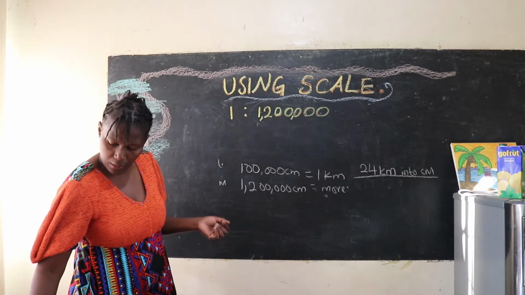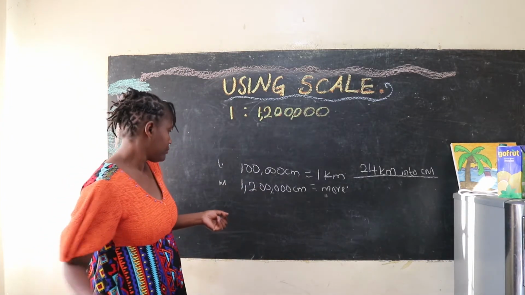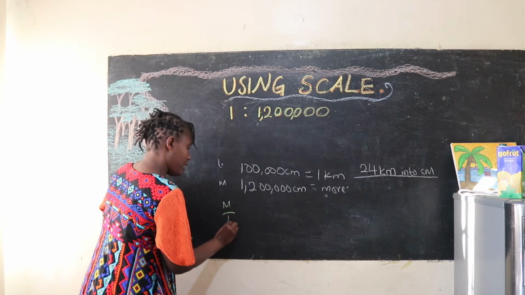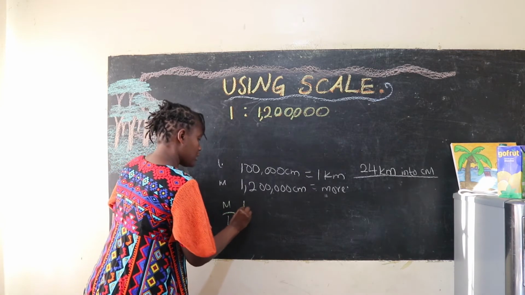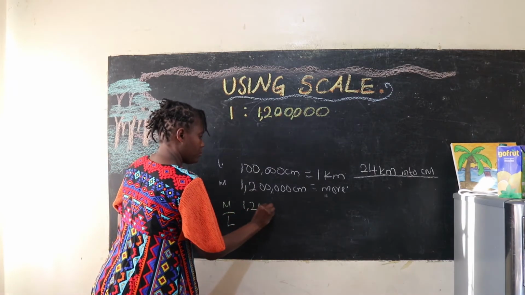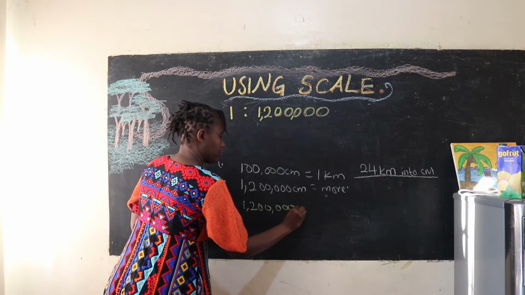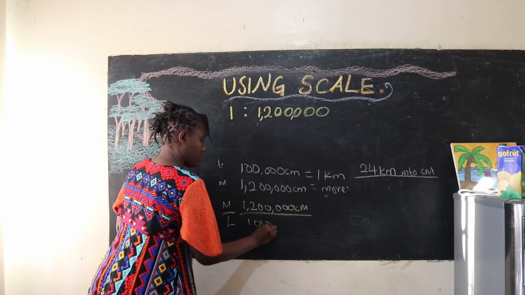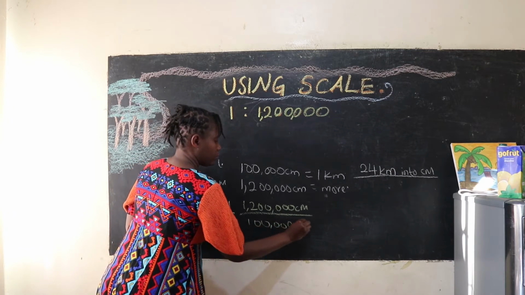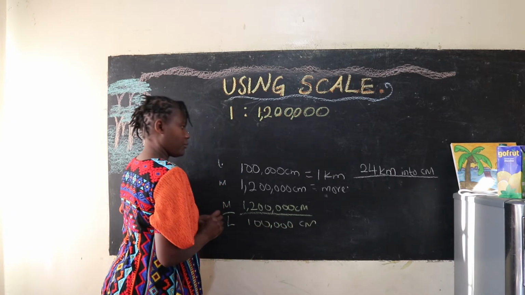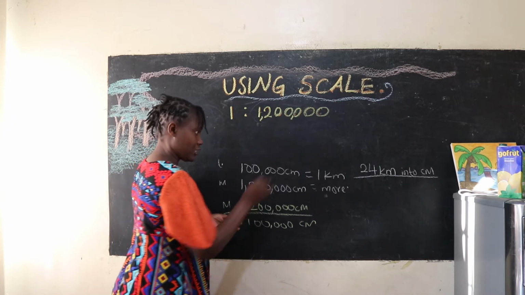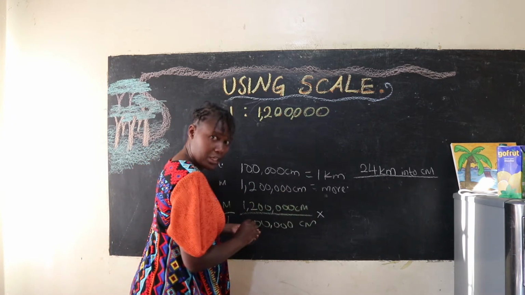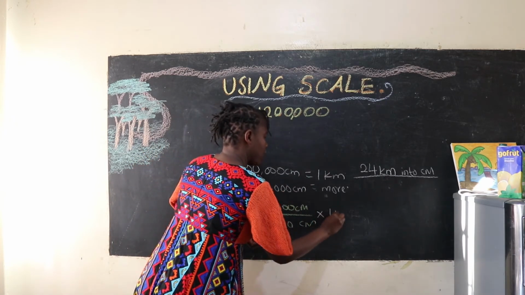So we say more over less. More is that one, over less, which is this one. Good. Times 1 kilometer, which is on the other side of the equal sign.